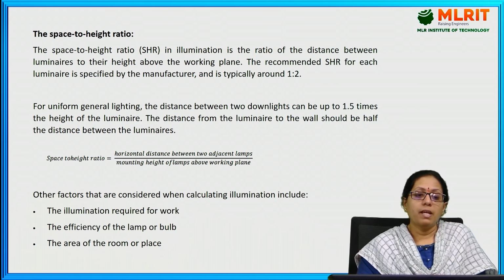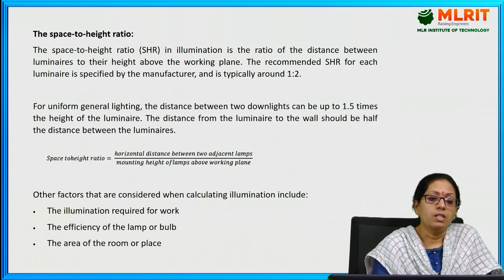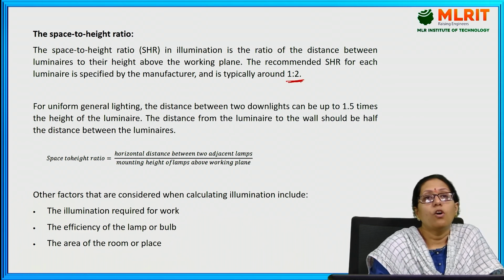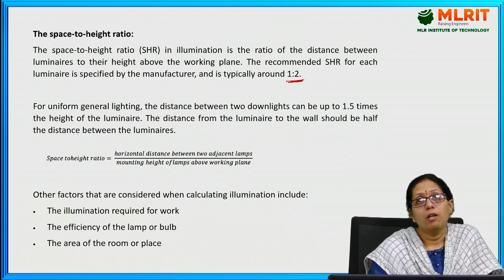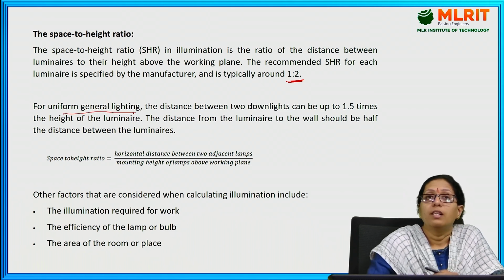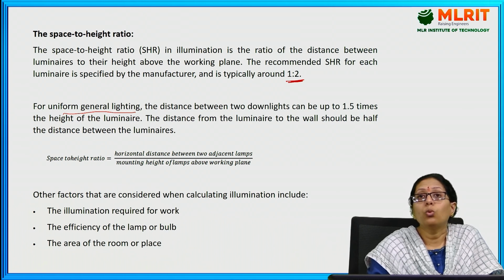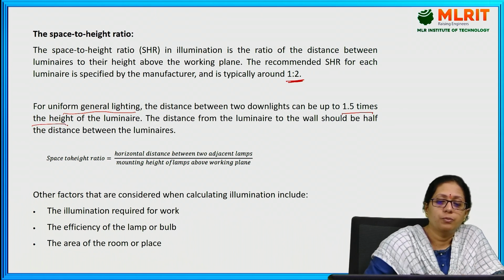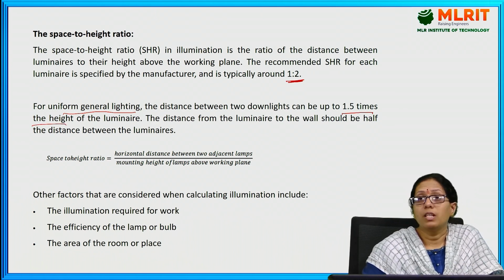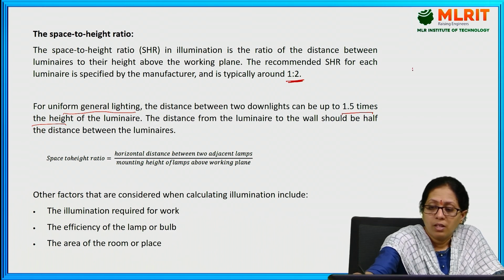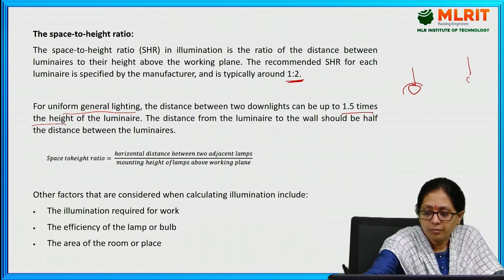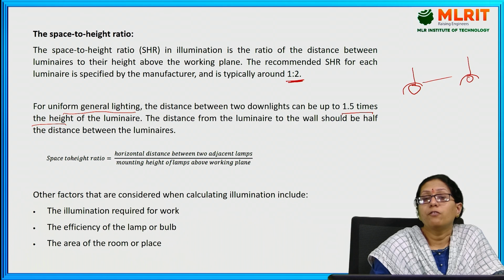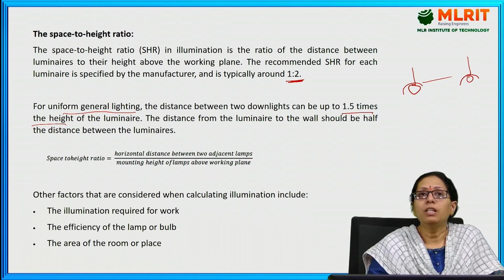The space to height ratio should be around 1:2, and for uniform general lighting, the distance between two down lights can be about 1.5 times the height of the luminaire.